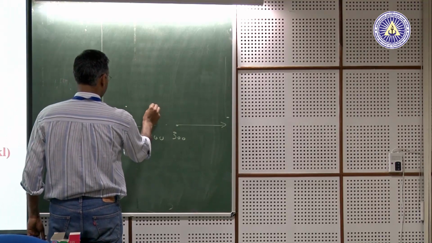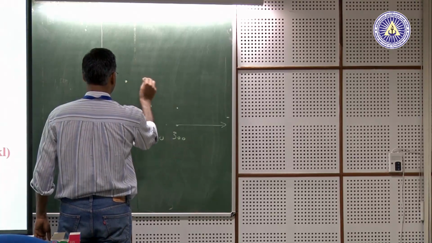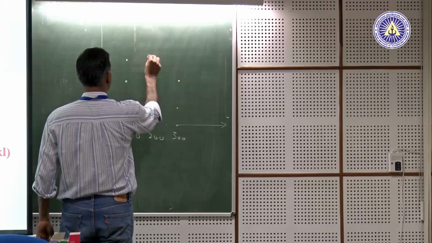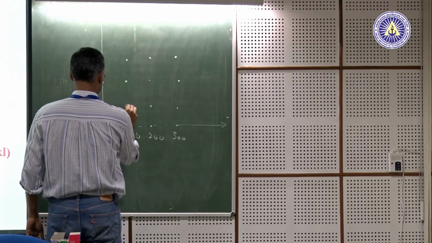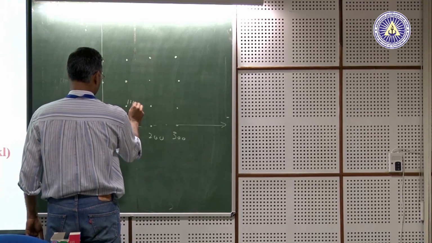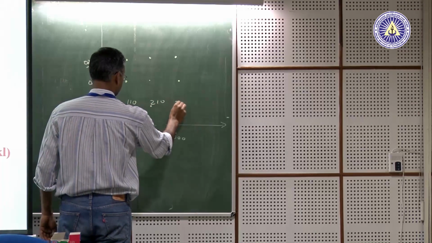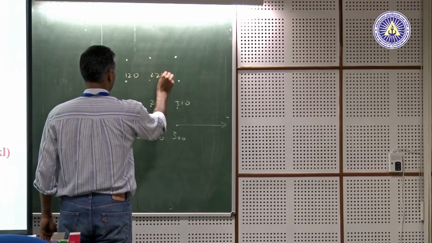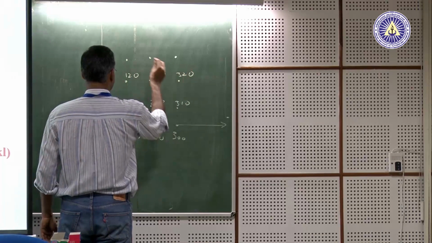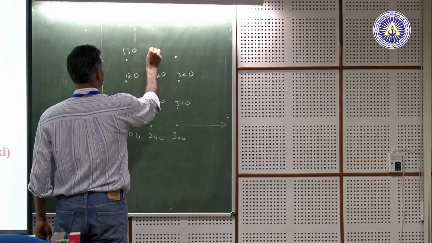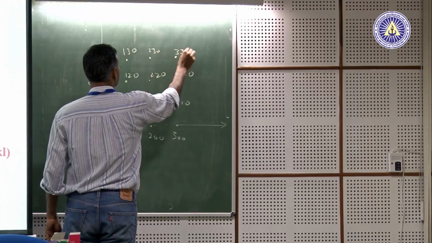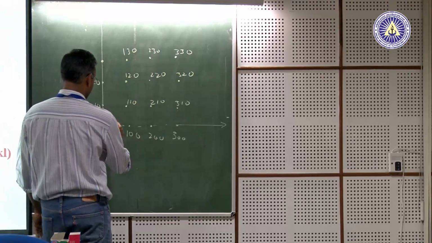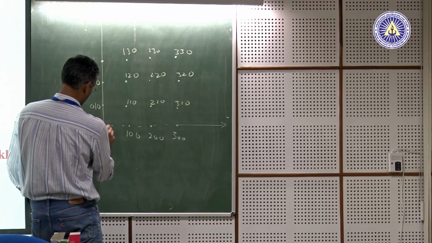The intermediate points, the points in the mesh, will follow the convention of summation of these. So, this is 110, this is 210, this is 310, this is 120, 220 and 320, and this will be 130, 230 and 330. Any of these vectors from the origin, this is the origin 000.